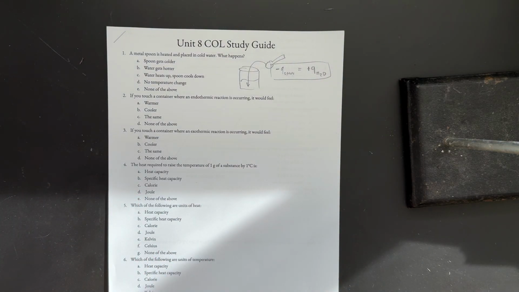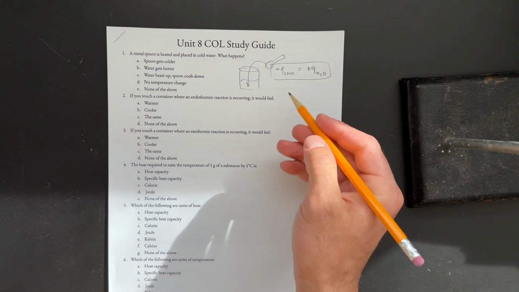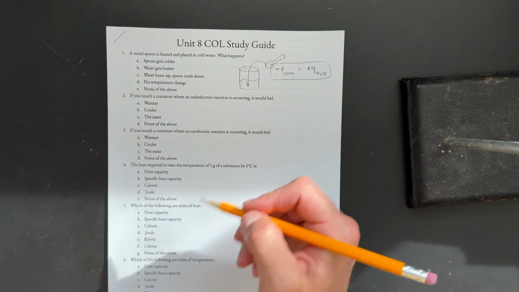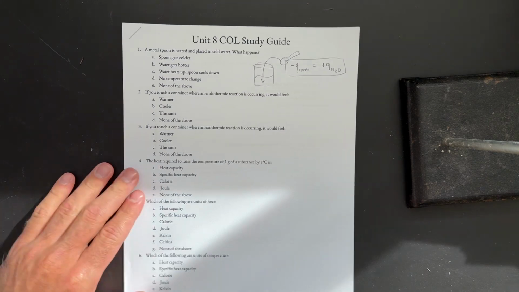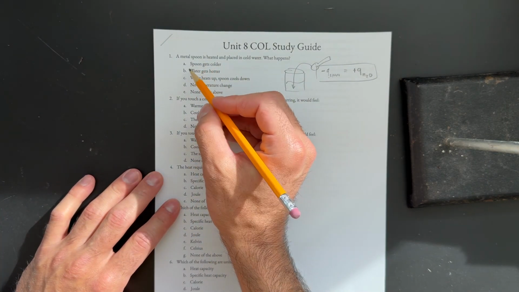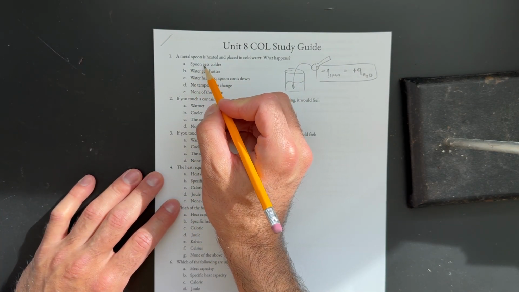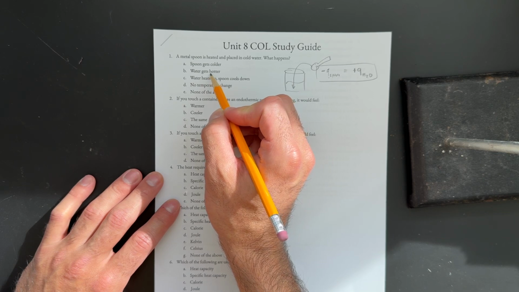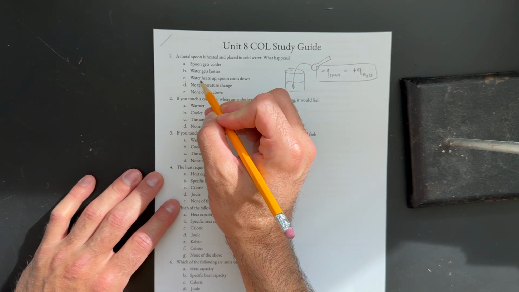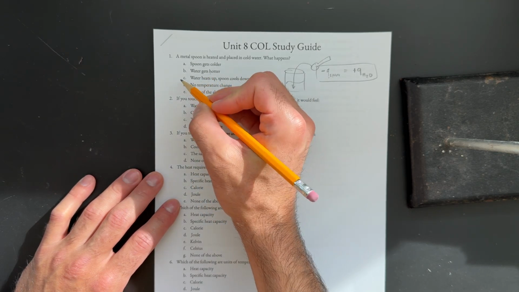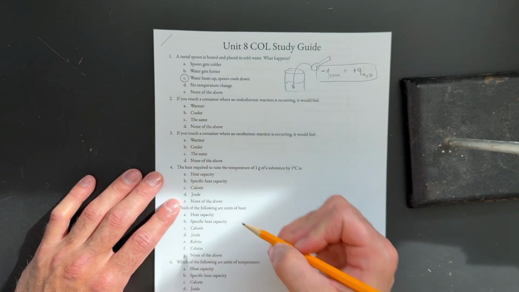It's asking you, do you understand the idea of heat? That heat is a transfer of energy, that the heat given off by the spoon is the heat gained by the water. And so here, the spoon certainly does get colder and the water does certainly get hotter, but the correct answer is C. The water heats up and the spoon cools down. Both of these things are happening.